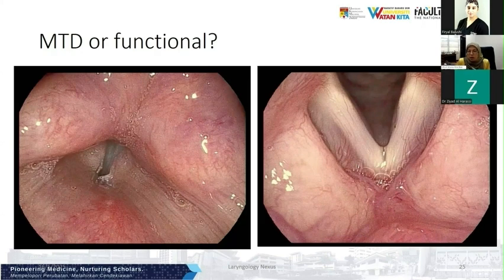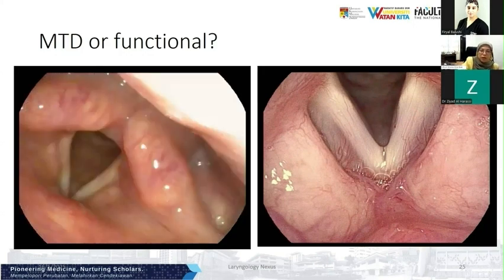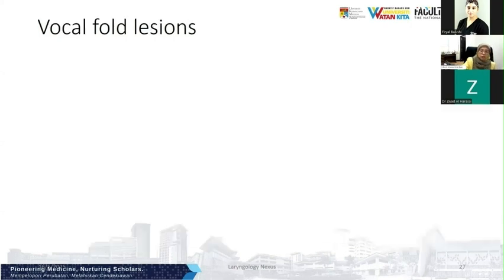The larynx is locked in an abnormal position until it becomes stiff. It's not because the vocal fold has a lesion, it's just that the vibration wouldn't open because the larynx is in a locked position. So that's just another clinical application of laryngostroboscopy.